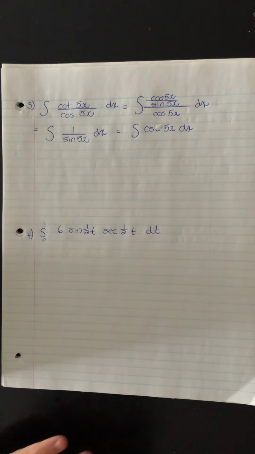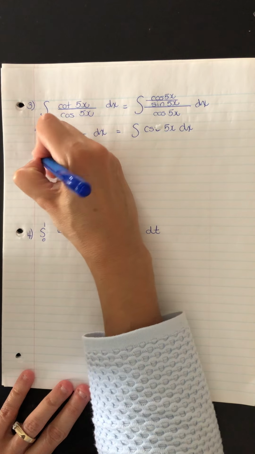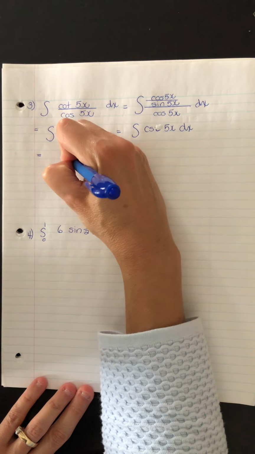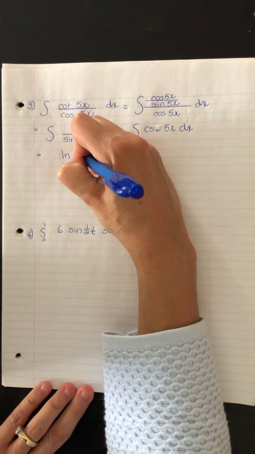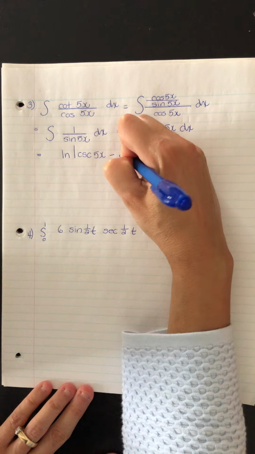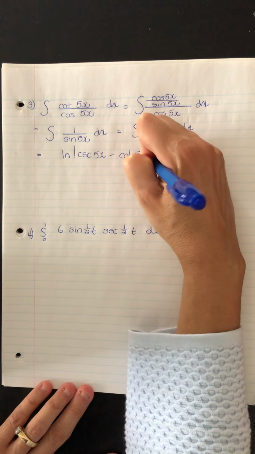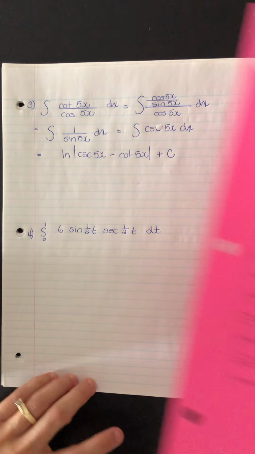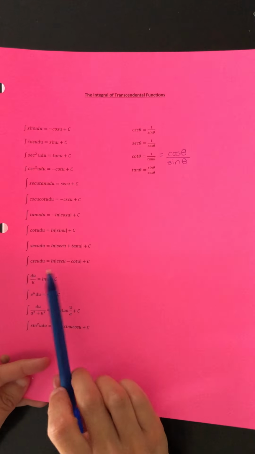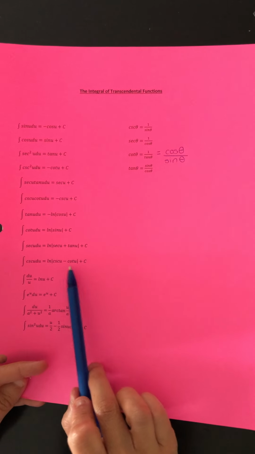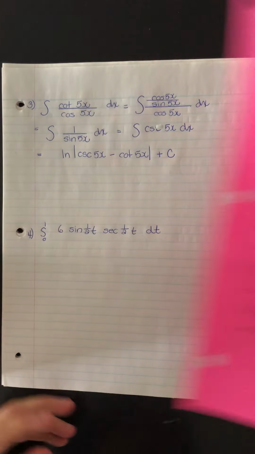So let's try that to begin with. We're going to have the ln of the cosecant of 5x minus the cotangent of 5x plus c. All I did was follow along on the right hand side here, replacing u with 5x.